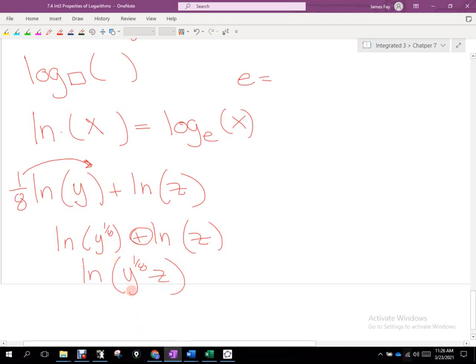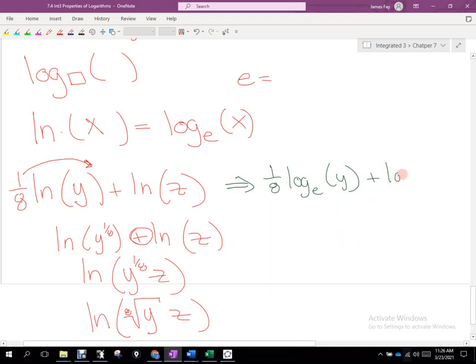Now, I'm not sure how MyMathLab is going to accept this. Probably like that. But you could also do this: y to the 1/8 is the 8th root, so you could write it that way. Eventually, somebody might like to write it this way: 1/8 ln is log base e of y, plus log base e of z.